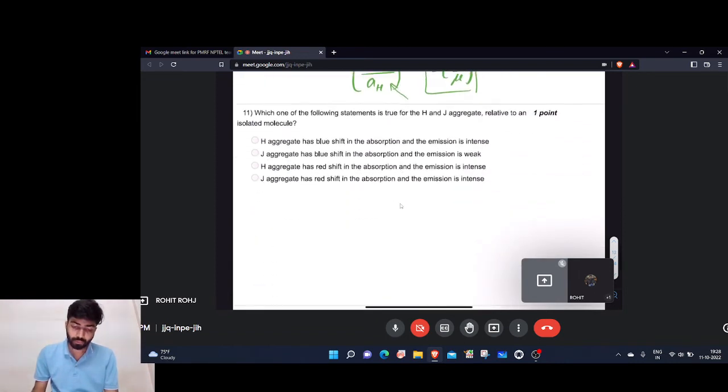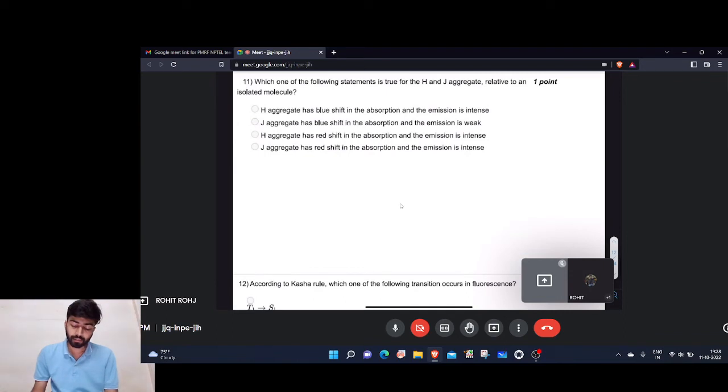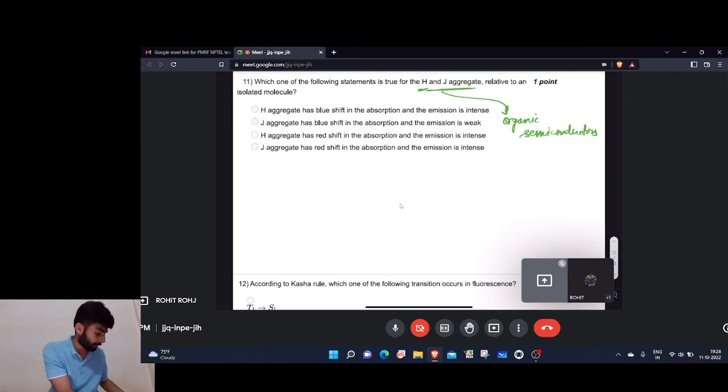Now question number 11 is the following: which of the following statements is true for H and J aggregates relative to isolated molecules. Now these H and J aggregates relate to organic semiconductors. Let me draw two pictures to explain this.